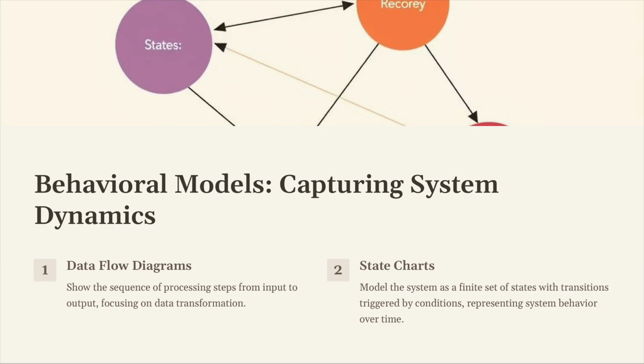State charts. These depict how a system transitions between states. For instance, a user might move through states like logged out, logging in, and logged in. These charts show the conditions that trigger each change. Behavioral models help us understand not just what the system does, but how it responds to changes.